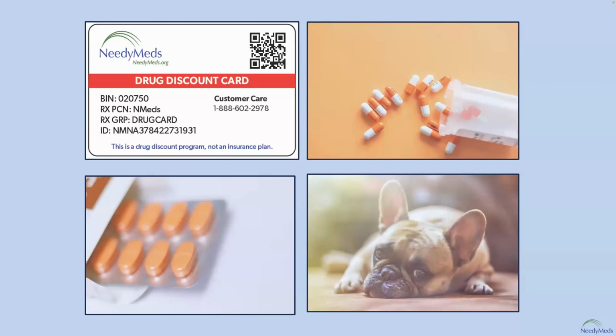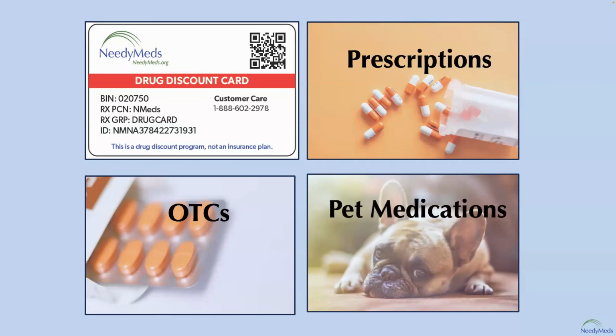The NeedyMeds drug discount card can be used to save up to 80% off the cash price of prescription medications. You can use it to save on over-the-counter medications and supplies as long as they're written as prescriptions. And you can even use it to save on human equivalent pet meds, as long as you pick them up at the people pharmacy.